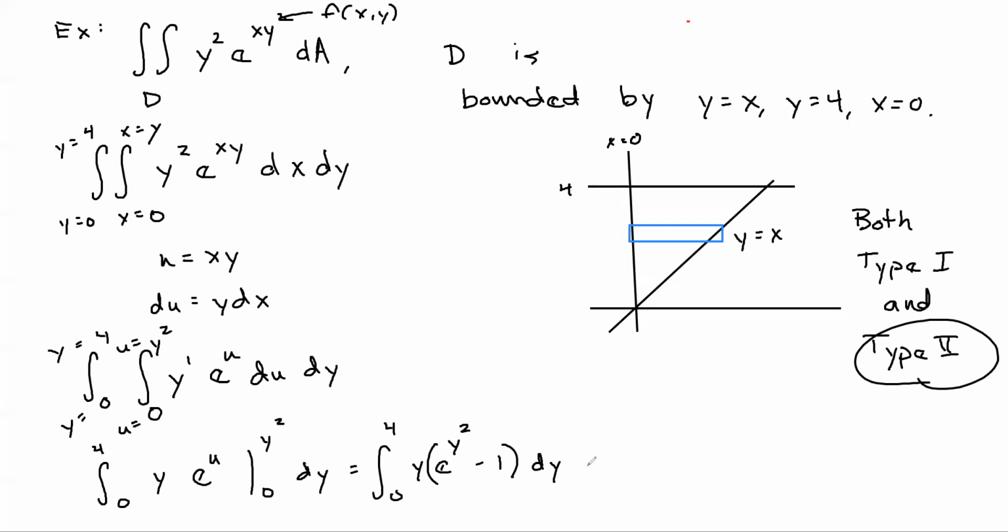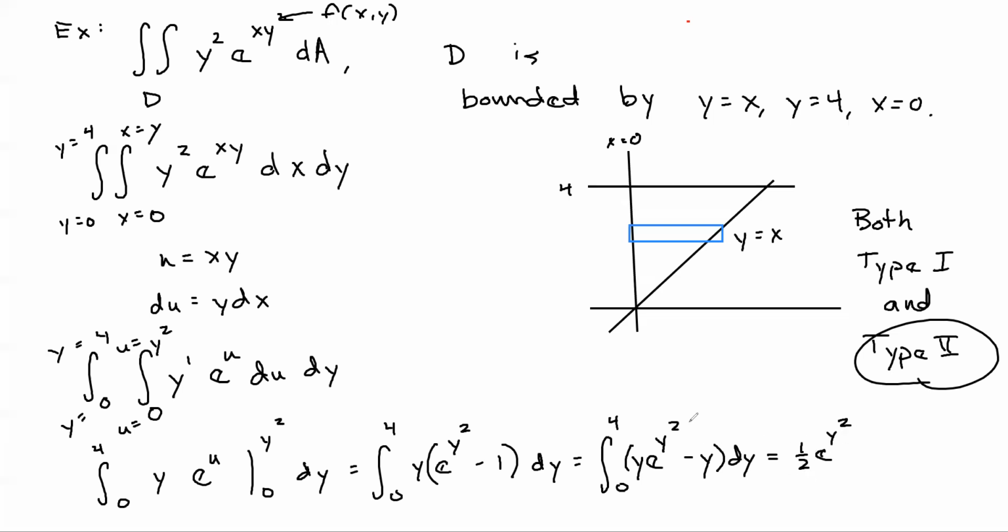We got that. All right, so I might actually go to another page here. So to evaluate this integral, we've got 0 to 4, y e to the y squared minus y dy. Okay, maybe I'm just going to cheat here, right? The antiderivative of e to the y squared times y is going to be 1/2 e to the y squared.